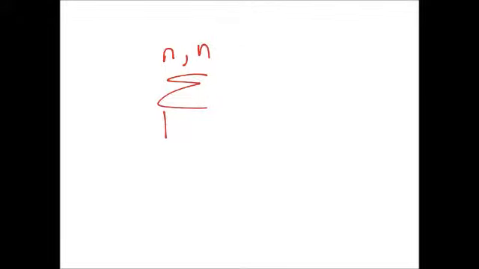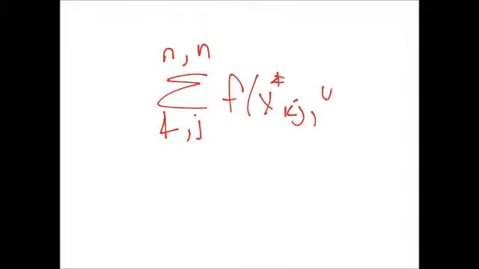And of course we have k and j. So we have f of x_kj star, y_kj star, multiplied by delta A_kj, and that equals 0.